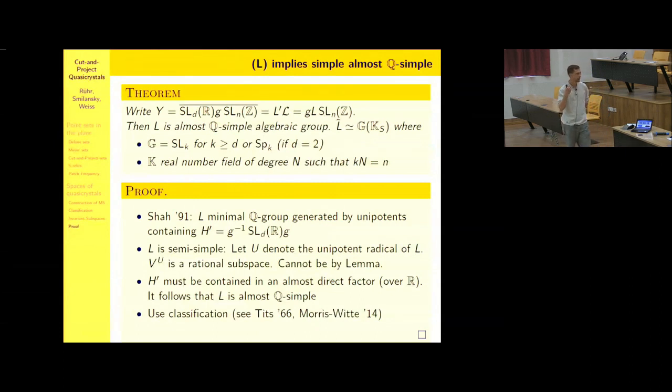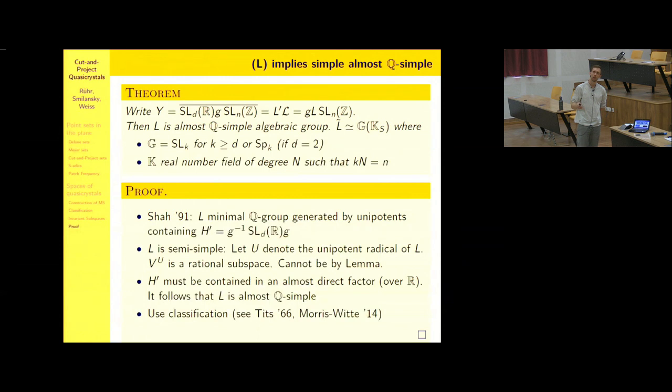And now the lemma will imply that L is semi-simple. Why? Suppose you have some unipotent radical, then you would find some subspace which is fixed by U. Since L normalizes U, this space will also be L invariant.